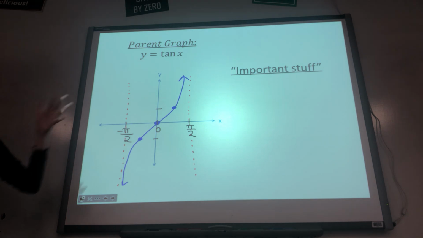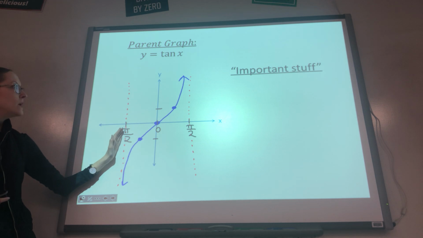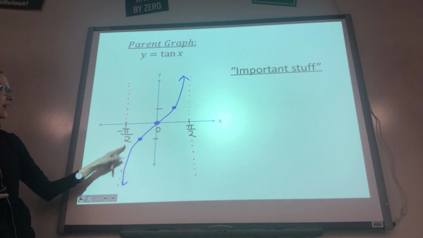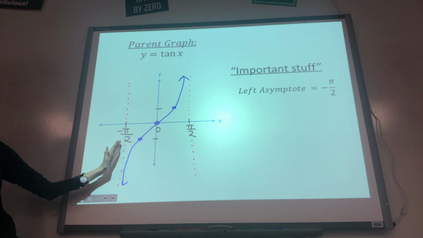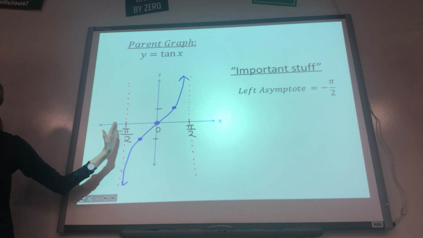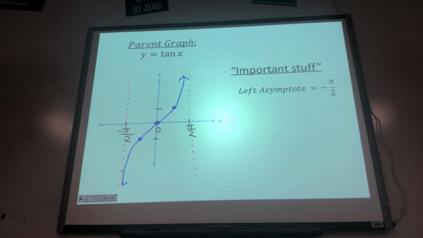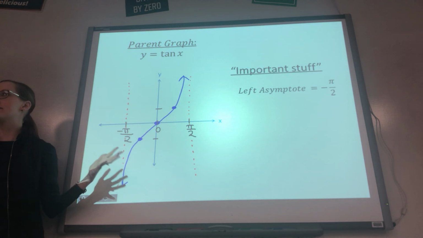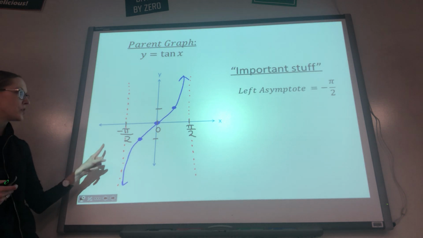All right, so I'm listing out what we found on this side. We found that tangent has a left asymptote at negative pi over 2. I'm pretty well just pointing out the important X values on this graph. There was a left asymptote at negative pi over 2.